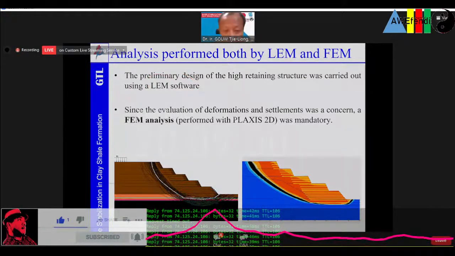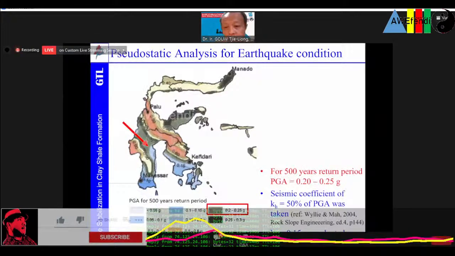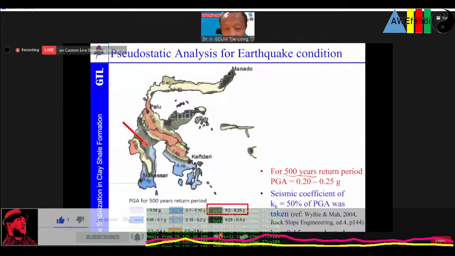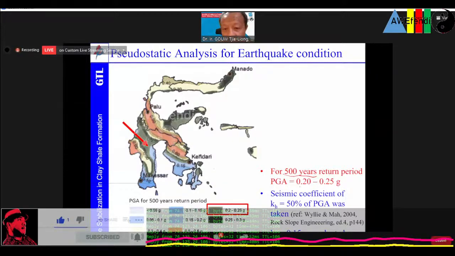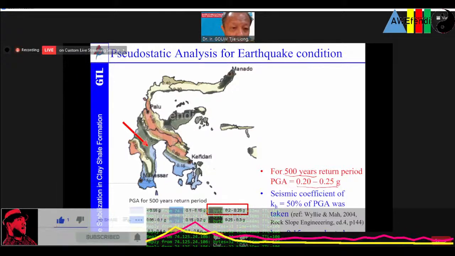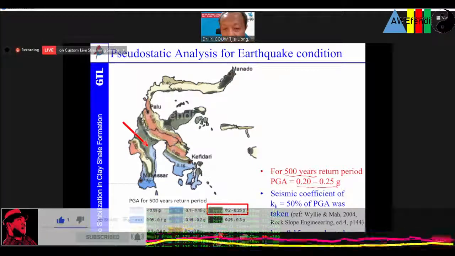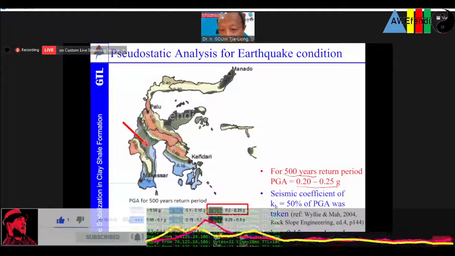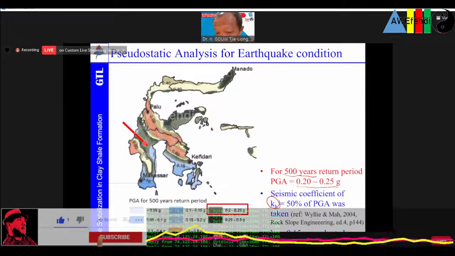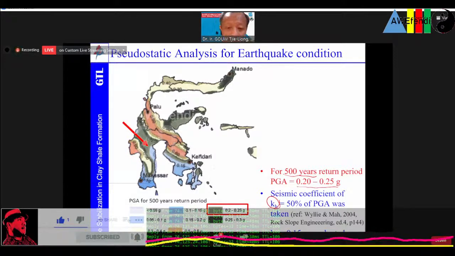Then for the earthquake, 500 return period, it was required to take the 500 return period based on the Indonesian standard and the PGA of 0.2, 0.25 G. Since we do a pseudo-static analysis, we don't do the dynamic analysis of the earthquake. What we took is the horizontal seismic coefficient of 50% of the PGA.